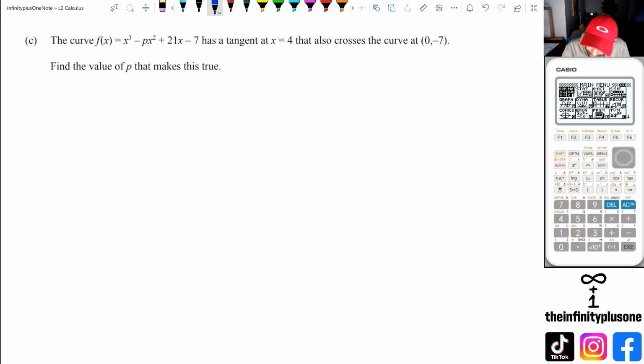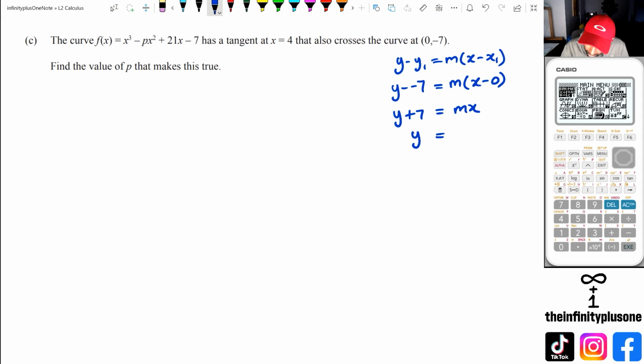So if it crosses at (0, -7), I'm going to use y minus y1 equals m times x minus x1. I don't know what the gradient is, but I do know it's going through 0. So I've got y plus 7 equals mx, or y is equal to mx minus 7.